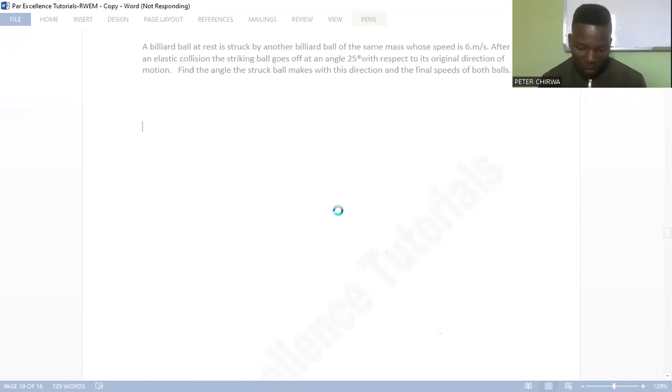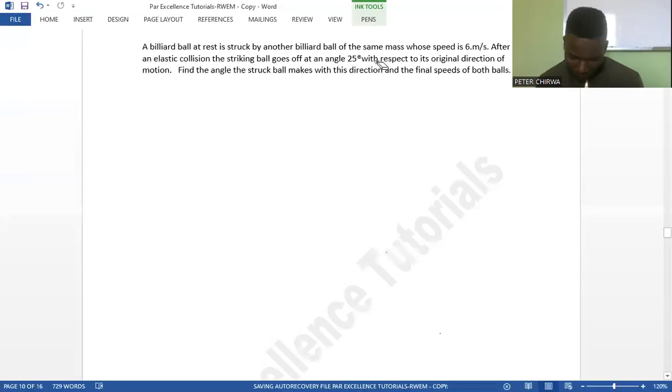After an elastic collision, the striking ball goes off at an angle of 25 degrees with respect to its original direction of motion. Find the angle the struck ball makes with this direction and the final speed of both balls.